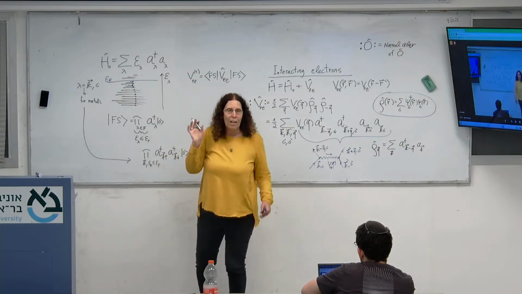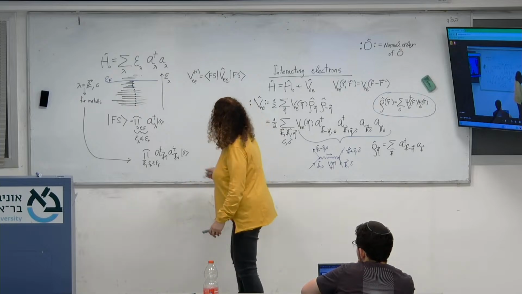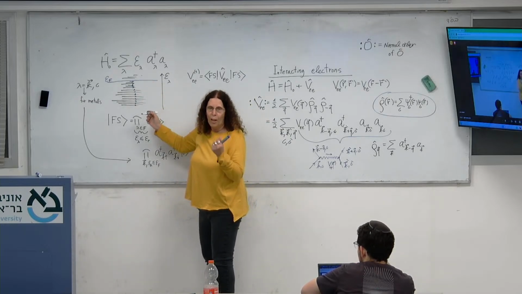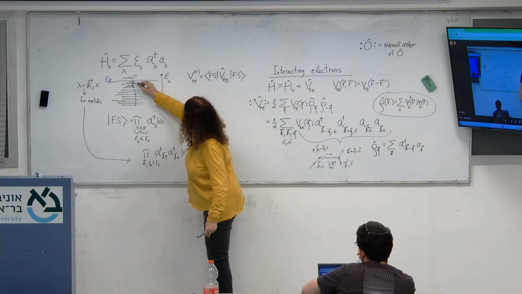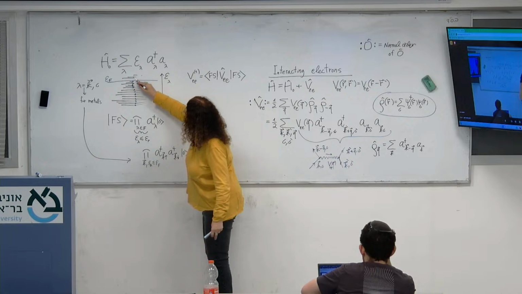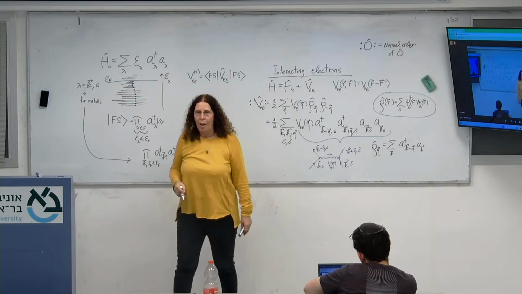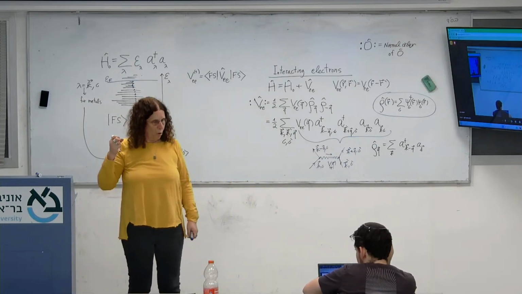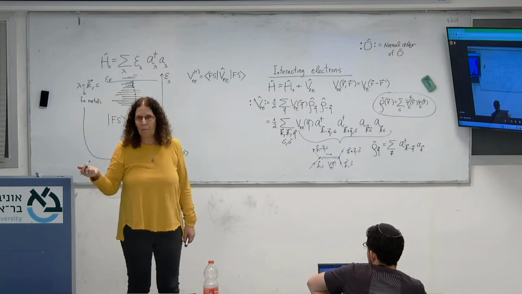Where do I have a chance of getting something? Only, and again I'm talking about small energy, small momentum transfer, processes that are very close to the edge of the Fermi sea have an effect, because then you can take an occupied state and take it out of the Fermi sea.